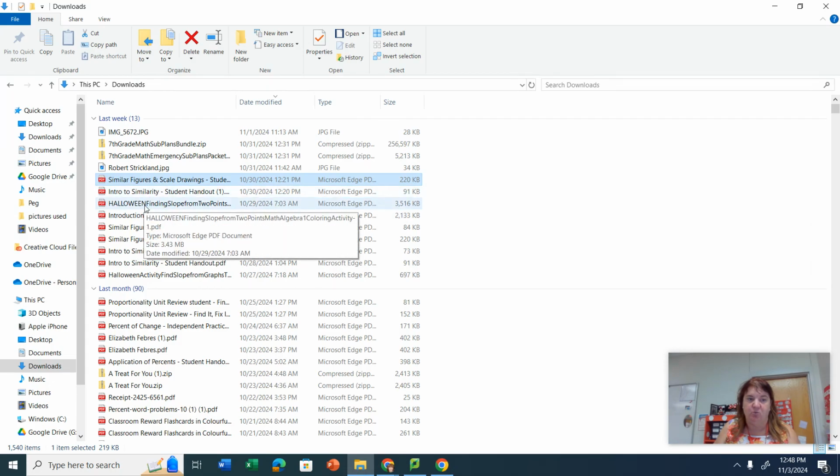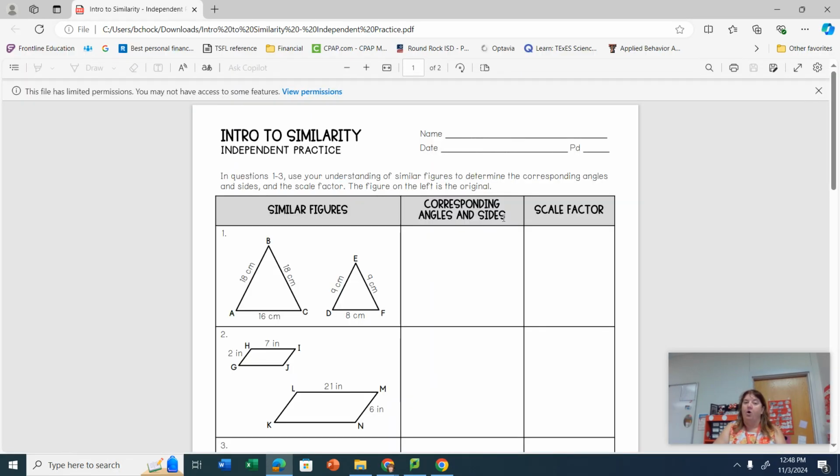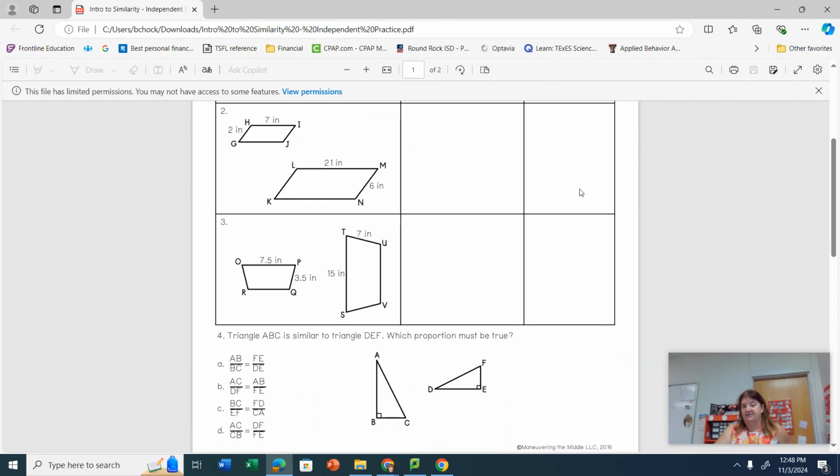Let me show you what you're going to work on today. And you will need to take this out of your notes and turn it in. So let me show it to you. Independent practice. Yours might say homework or it might say independent practice. So it's right here. Corresponding angles and sides, and then tell me the scale factor.